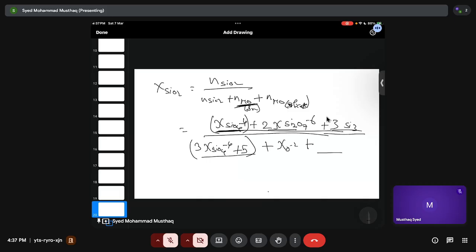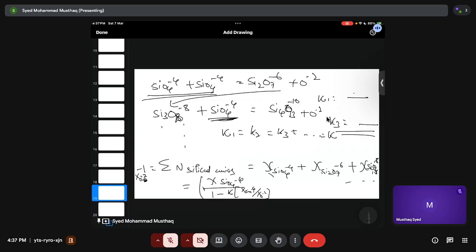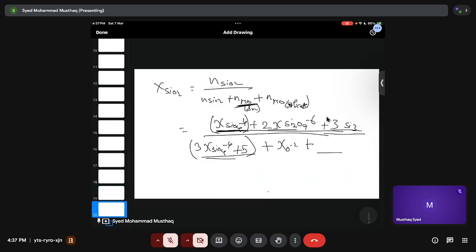Finally, if you use this from here, you will get the final relation. That's straightforward. I'm not going to derive it again, as it will take much time. We can do this derivation in extra sessions.